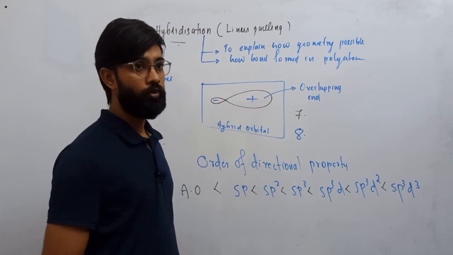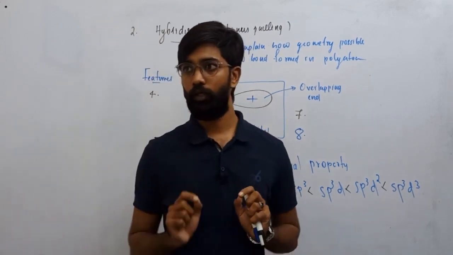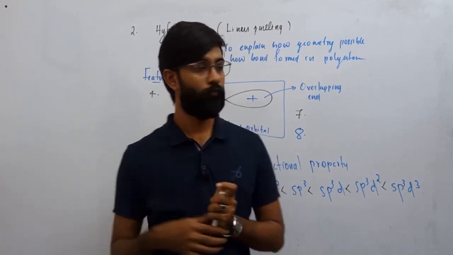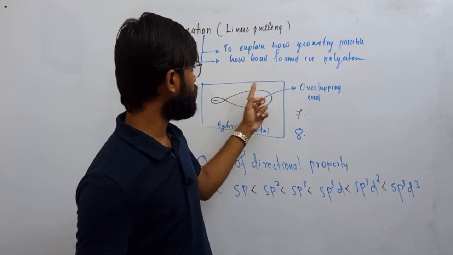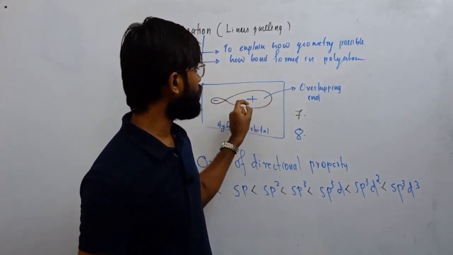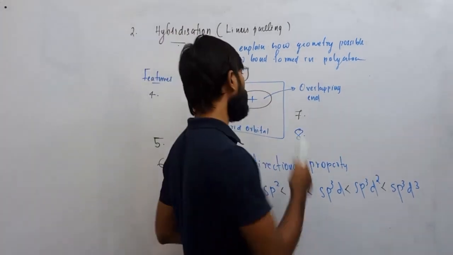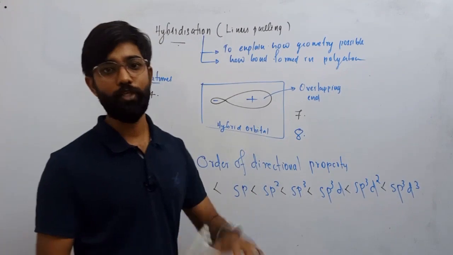You have to know that a hybrid orbital has two lobes, one with a greater size and another with a small size. The greater-size lobe is usually the one ready for overlapping, which is why it forms a strong bond.